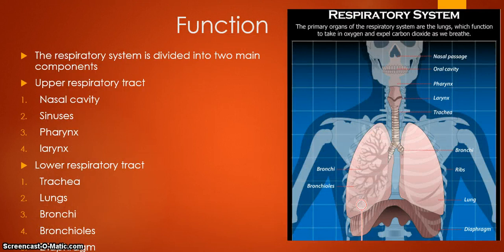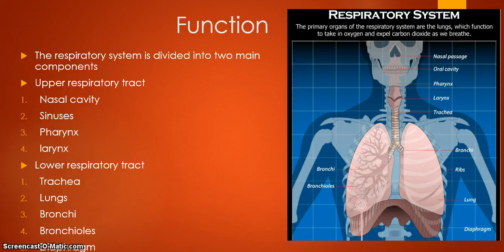The function. You have upper and lower respiratory tract. The respiratory system, which includes air passages, pulmonary vessels, and the lungs and breathing muscles, aids the body in the exchange of gases between the air and blood, and between the blood and the body's billions of cells.